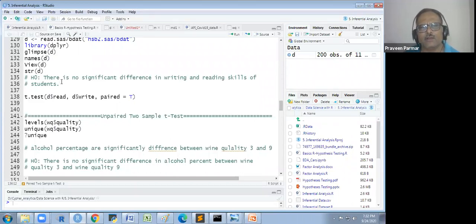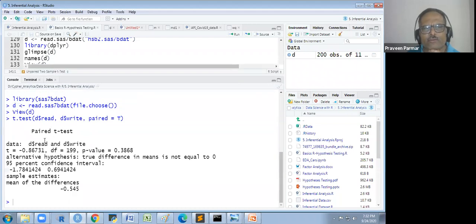It is a paired t-test because the samples are dependent, like pre and post. The same students we are judging on reading and writing. So the t-test we will write with $$read and $$write, and paired is equal to TRUE. It is a paired t-test.